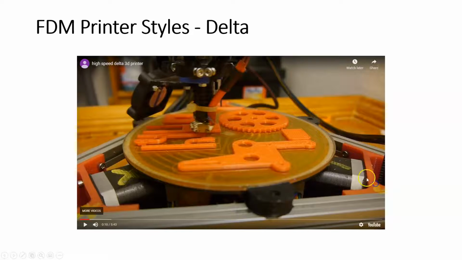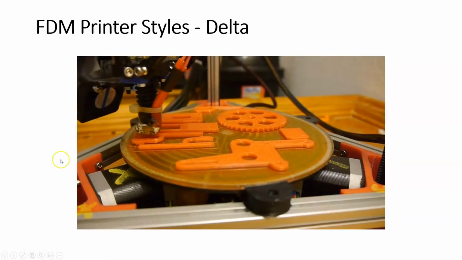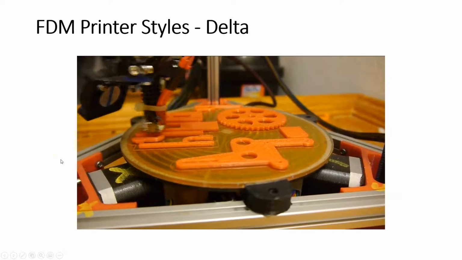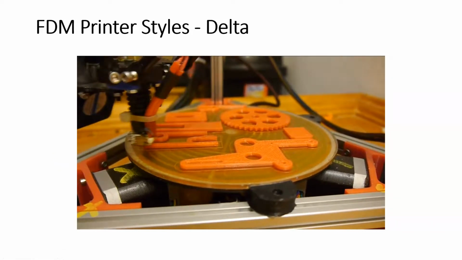So the material that they're printing, I don't know whether this is ABS or not. Probably not, because they probably don't want to cool it that fast or that quick with ABS. All right, so this is probably something along the lines of PLA, a very common material. But you can see this is very fast.